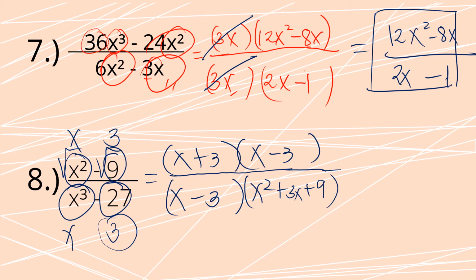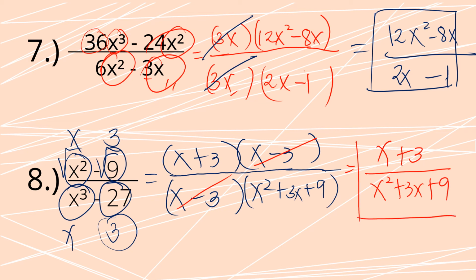Okay, and then as you can see, they have common factor, which is x minus 3. No? So that means we can cancel it out, no? And the final answer would be x plus 3 all over x squared plus 3x plus 9. So that will be our final answer.